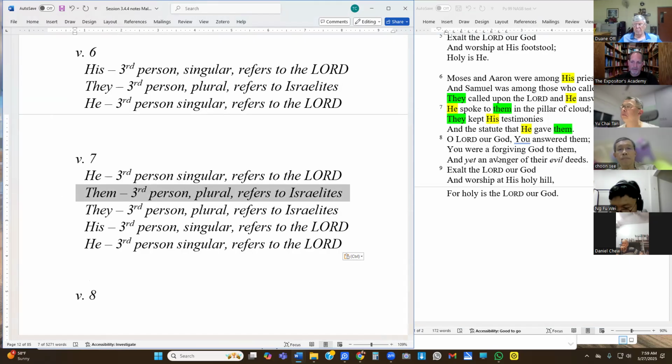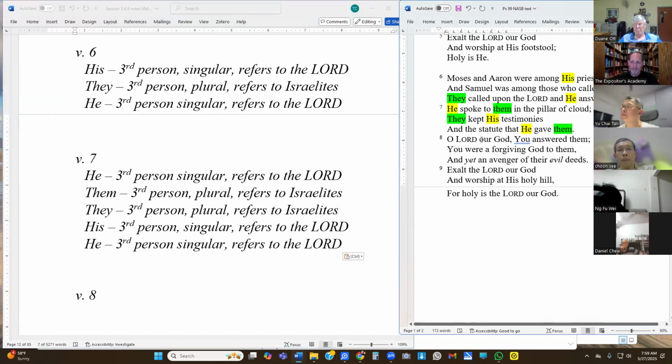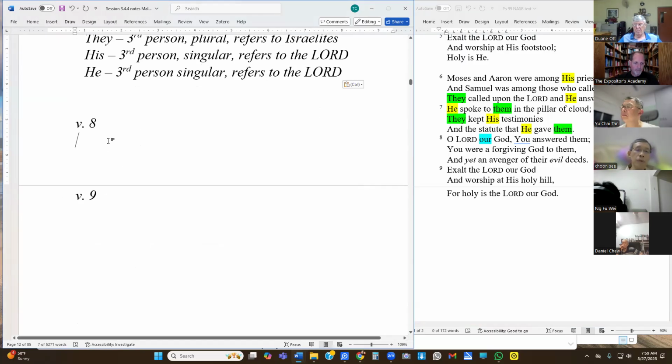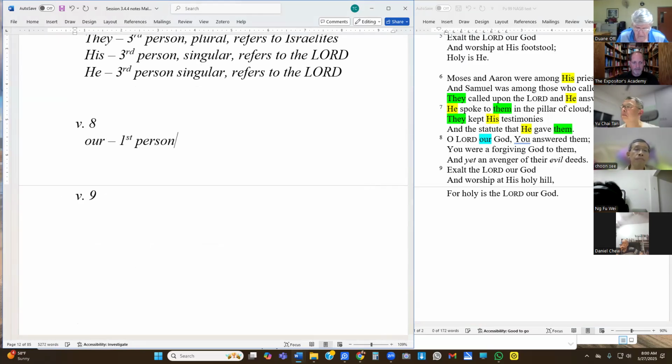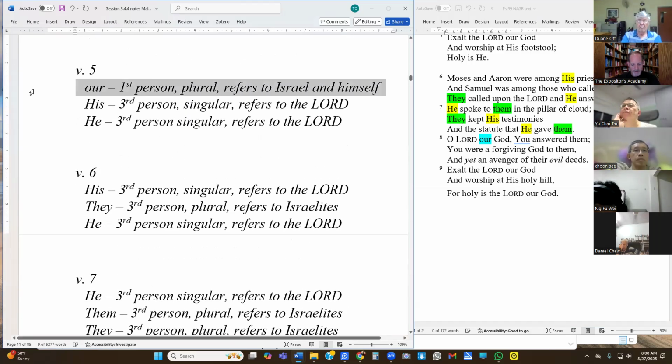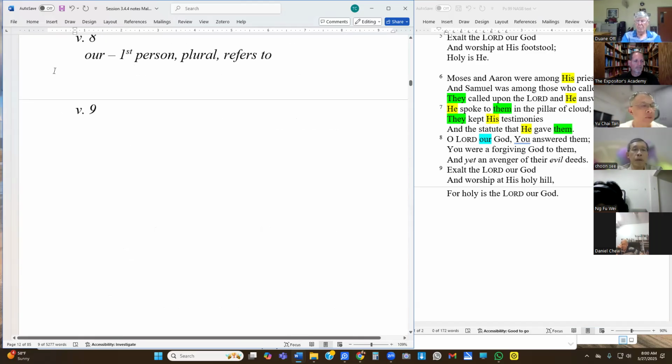And verse 8, "O Lord, our God." Our is first person plural. It's our, not me, and that means the Israelites and the author himself. Just like above in verse 5, he did the same thing.